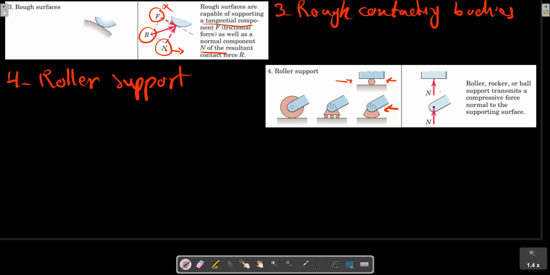We have only normal forces on the structures. As shown here, different types of roller support are shown and may be used in problems. The next example is the freely sliding guide.